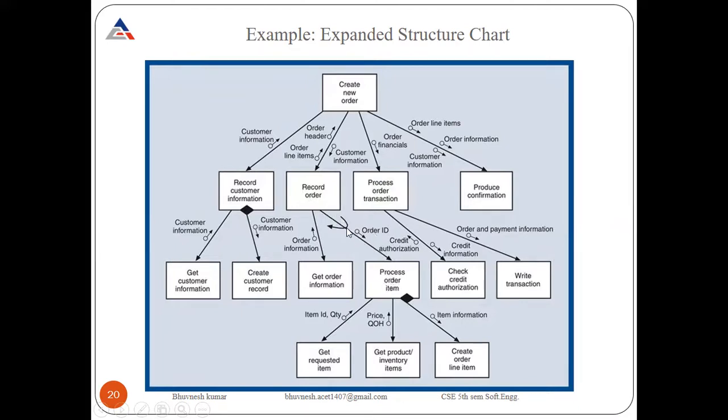This process order will have a repetitive call, and at that position we draw a curved arrow because this submodule has a repetitive call, from the main module record. This is the complete structure chart of your online food ordering system.